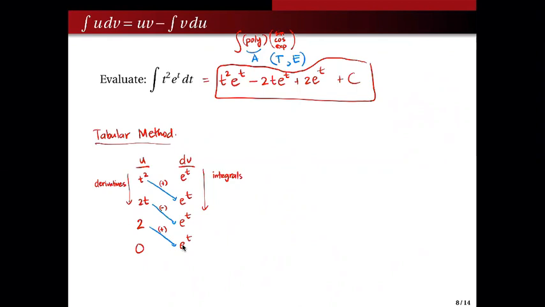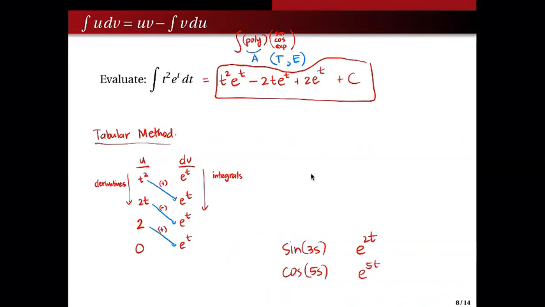Okay? So again, this works on this type of combination: polynomial times the sine function, or polynomial times the cosine function, or polynomial times the exponential function. By sine, cosine, exponential, you can have sine 3x, you can have cosine 5x, or e to the 2t, or e to the 5t.